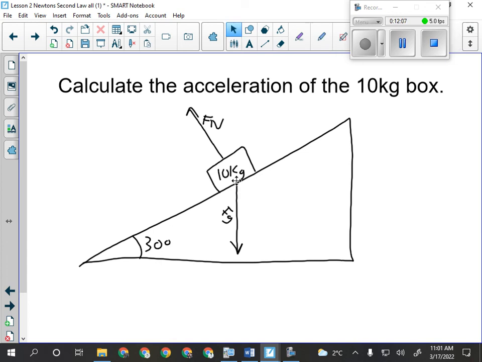So if I put something on a ramp, it wants to slide down the ramp. And the reason for that is this force, if I draw this as a vector diagram, goes there, tail to head. If I just drew these things tail to head, it means my resultant goes right there. Whoa, I drew that good.